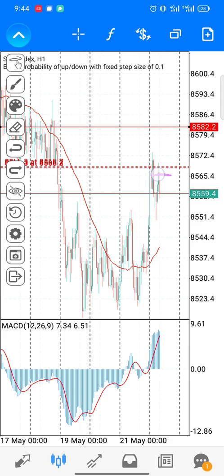So I decided to enter this trade with a very huge lot size, risking the profit. Remember, I said I was having $180 profit. I just wanted to risk just the profit. That's why I entered with a big lot size, risking the profit, and the deposit, the balance, would be intact.